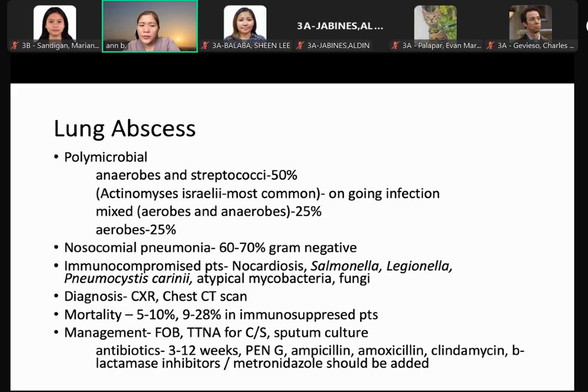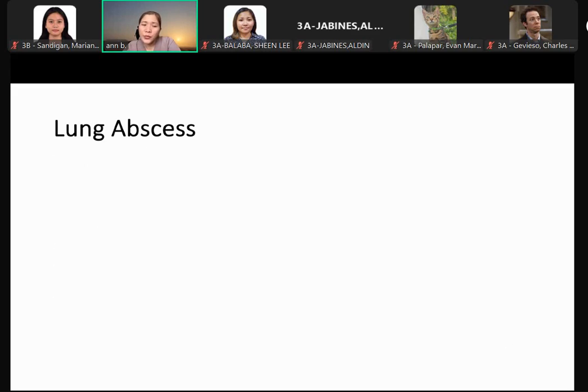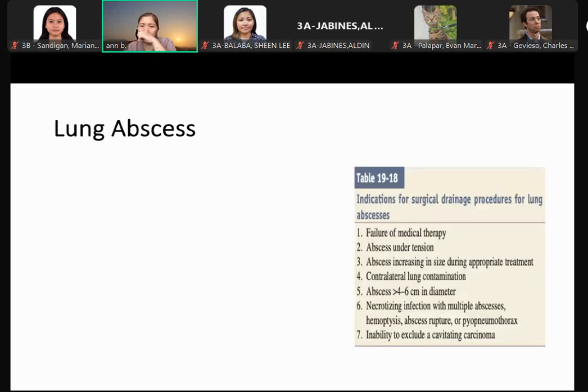Antibiotics are important with 3 to 12 weeks of treatment. Penicillin G, ampicillin, amoxicillin, clindamycin, beta-lactamase inhibitor, and metronidazole should be added during the course of the treatment. But after 12 weeks, if the abscess has failed the medical treatment.